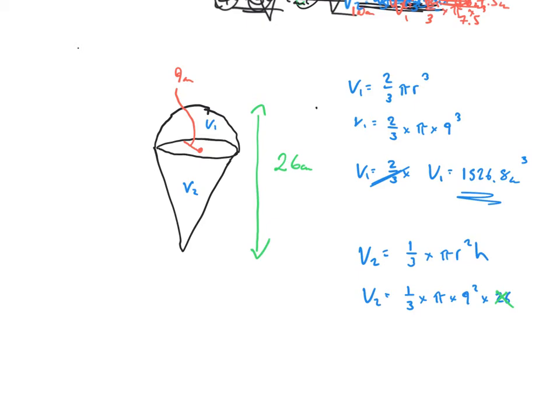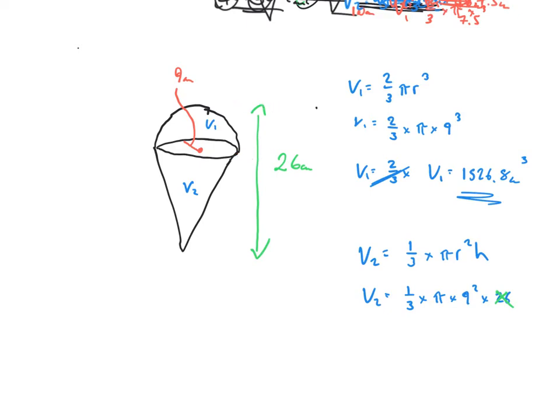The height of the shape is 26, but the shape contains both the cone and the hemisphere. So if I want to find the height of the cone only, I should only be moving between there and there. As soon as I move from bottom to top, I'm not only finding the height of the cone. The height of the cone stops there, but I keep going to get up to 26. To get the height of the cone only, you'll need to take this bit off between here and here.